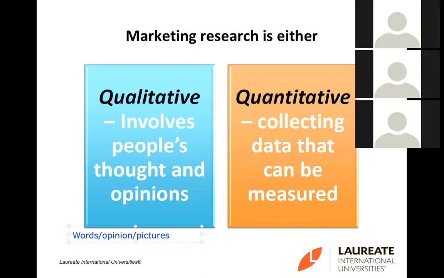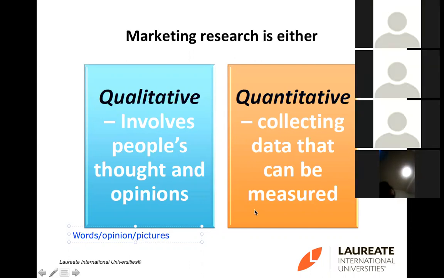The popular techniques include focus group discussion, or observation, which is another technique of qualitative research. The other one that I will conduct in my own study is what we call the in-depth interview.